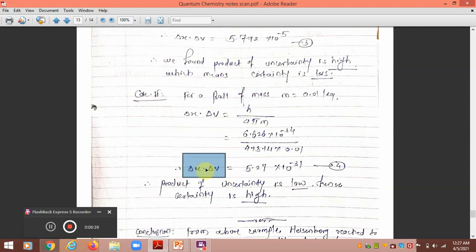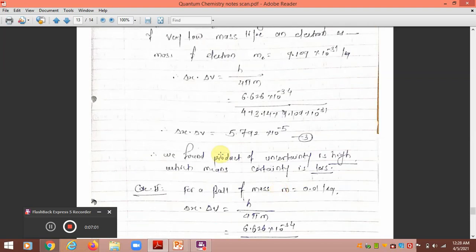So here the product of uncertainty is very low because it is 10^-31. This is a negligible value. So the product of uncertainty is low. It means that the certainty is very high. Here certainty is very high, and in the earlier case of microscopic particles certainty is very low.